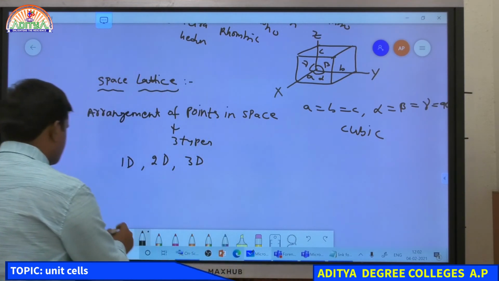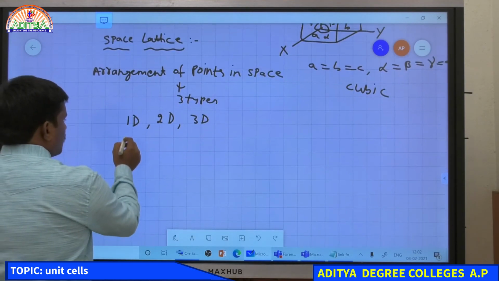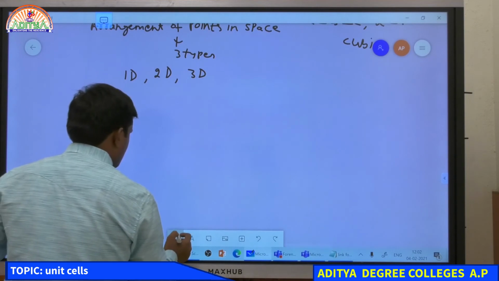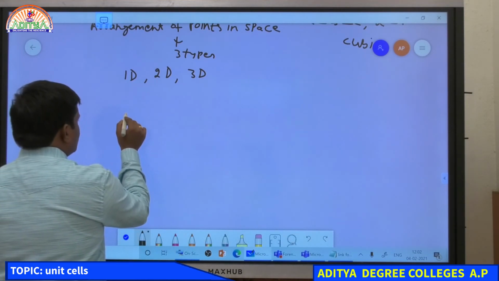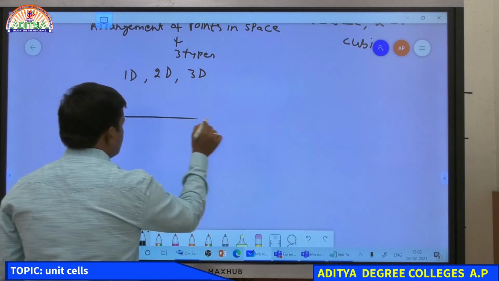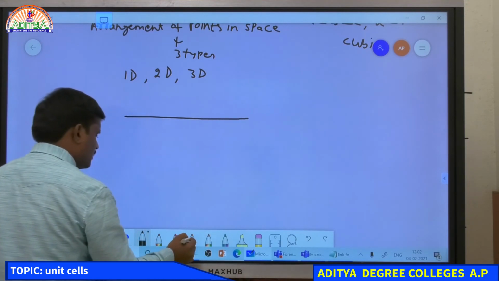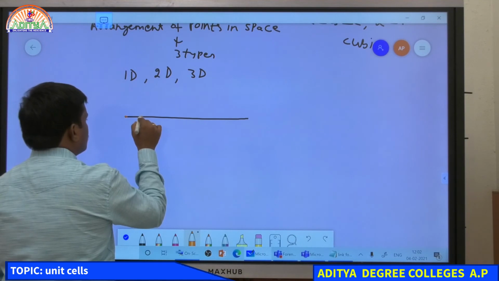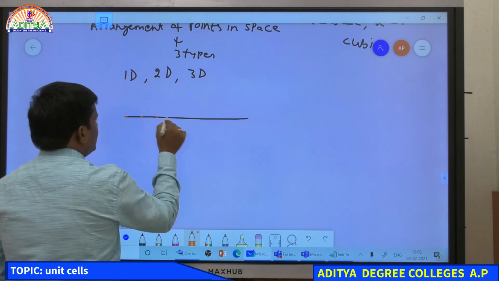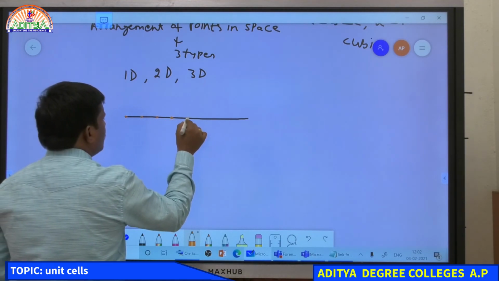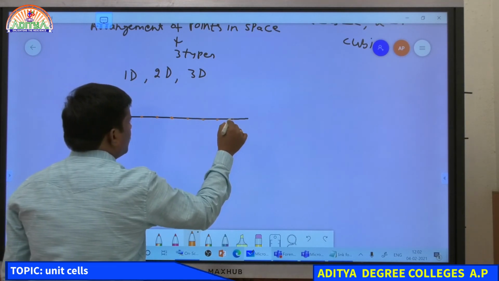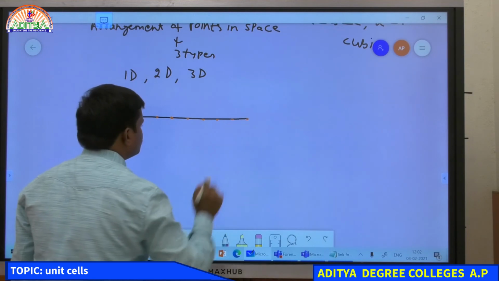For example, suppose these are the points on a line. These points are arranged regularly, all at equal distances and all in one direction only.